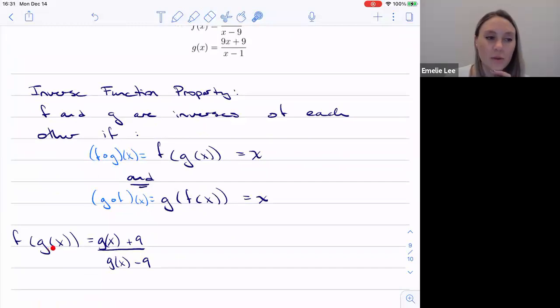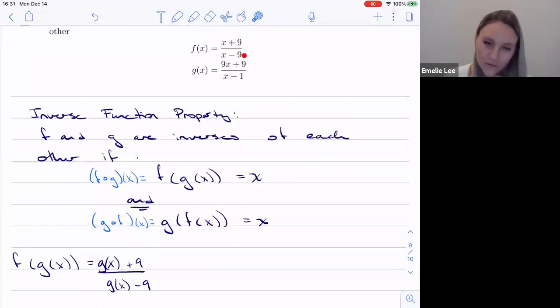Wherever I see an x, I'm going to put in g of x. And g of x is this 9x plus 9 over x minus 1. So now I'm going to write 9x plus 9 over x minus 1 wherever I see a g of x. Gets a little bit nasty, but things will cancel if they're inverses of each other.